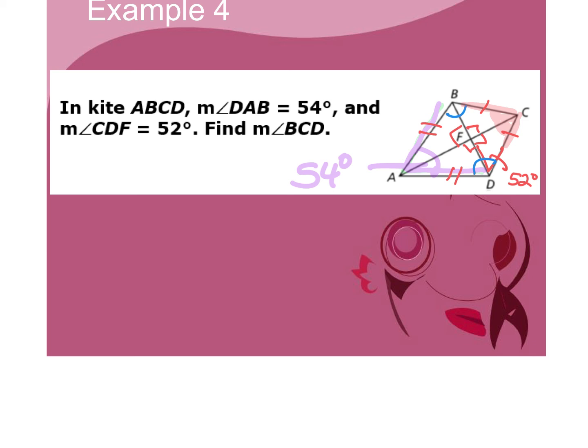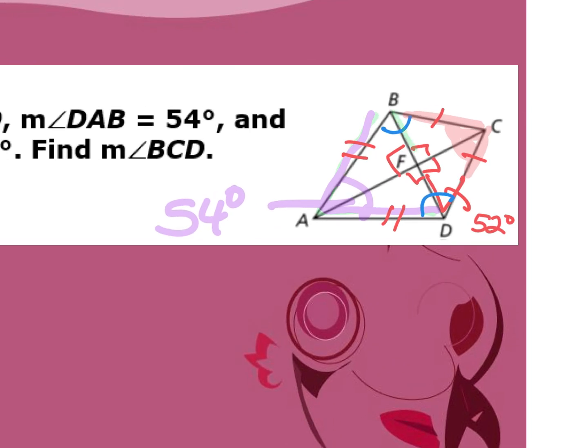So what I'm going to do is I realize that right here I've got an isosceles triangle. And I know that my base angles are congruent. So this angle right here is equal to this one over here. So it's also 52.